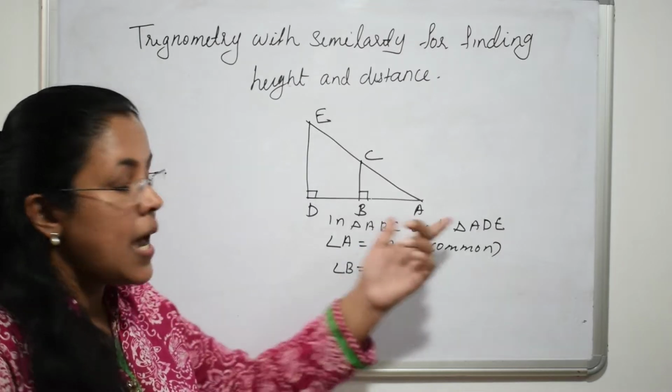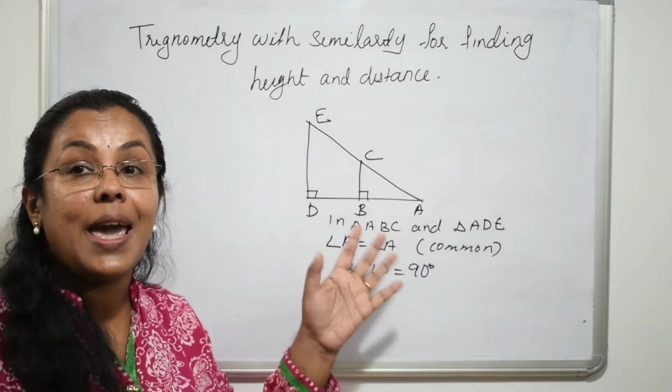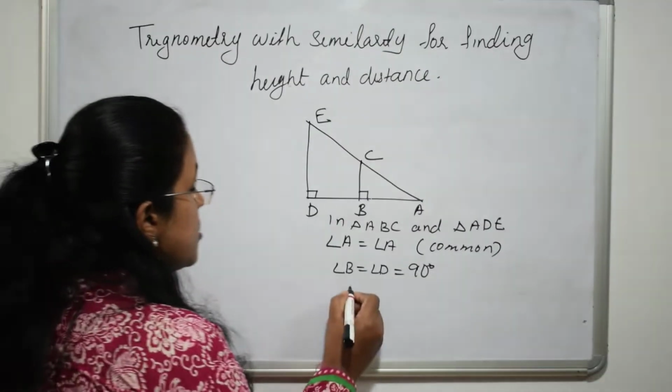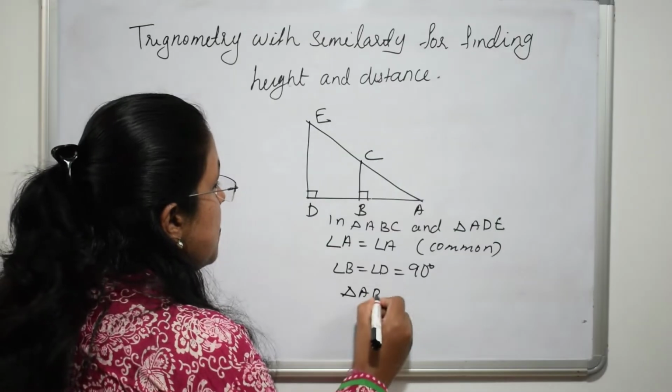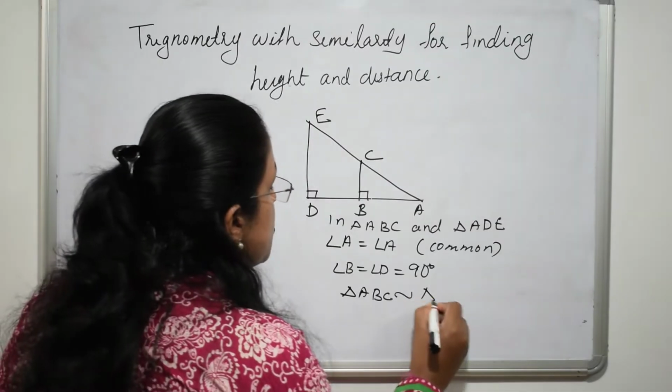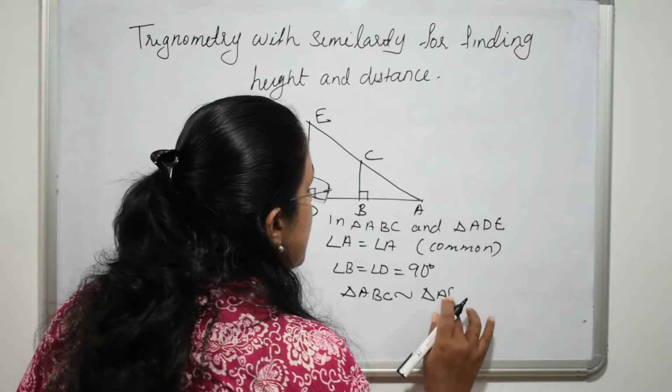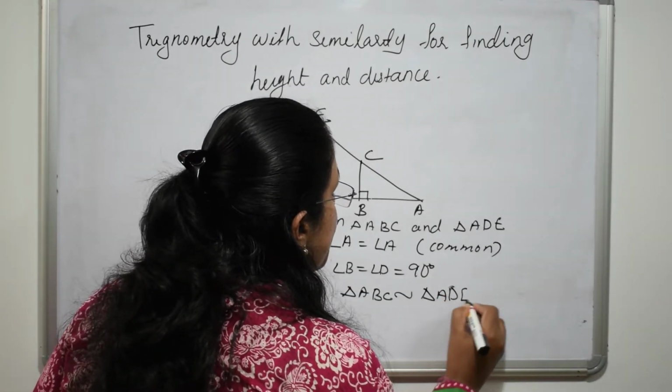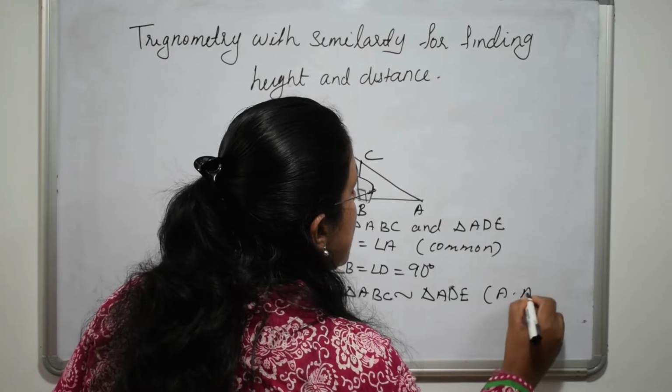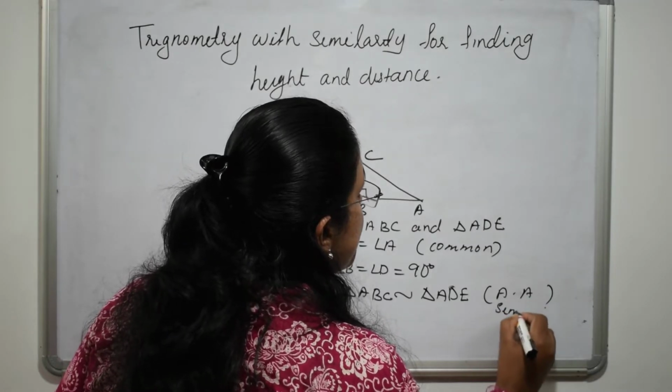Therefore, using angle similarity, AA similarity, triangle ABC is similar to triangle ADE.